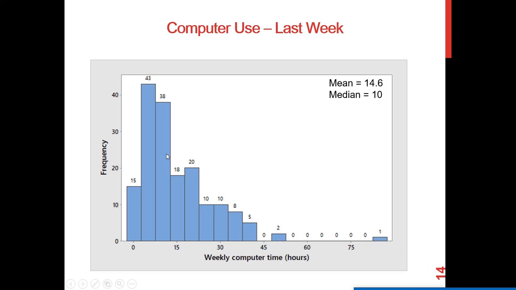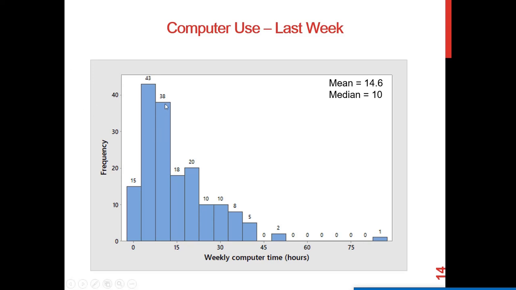So here the peak of the curve is towards the left, and we have a long drawn tail towards the right. Such a graph is known as a positively skewed graph. We will see positively skewed and negatively skewed in detail again. Negatively skewed would be the opposite of this.